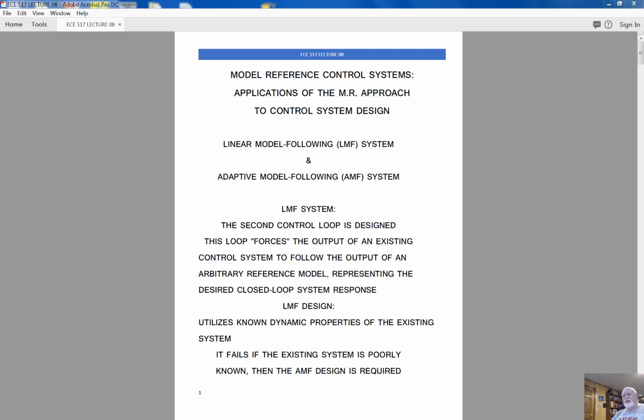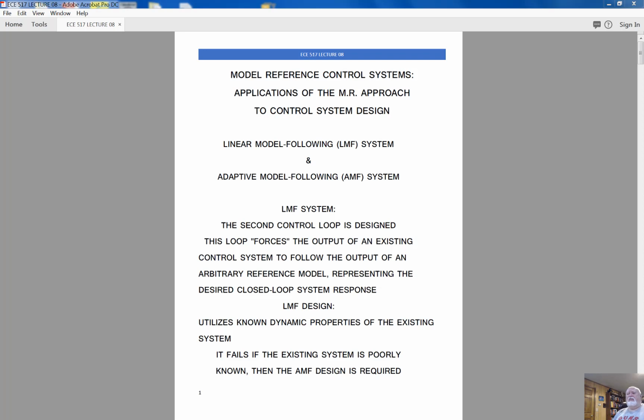And the second issue is building the adaptive model following system. Both issues are actually two stages of the model reference design. And we will start from the first stage, the linear model following system design.